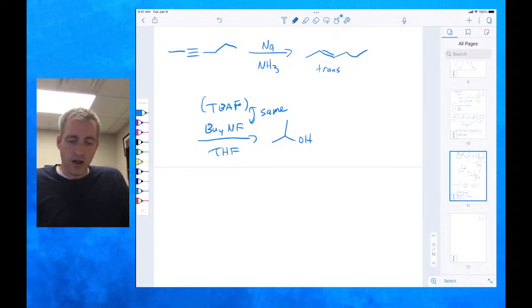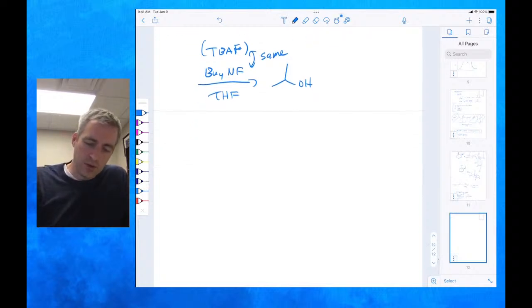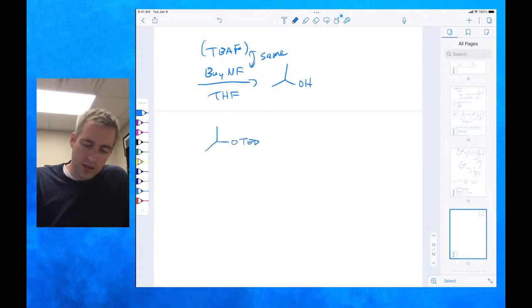So if you have an alcohol and you react it with TBDMS Cl, for example, and you made a silyl ether that protects the alcohol, it makes it sort of immune to reactions that alcohols would normally do. This deprotects it. So what I'd be looking for here would be a molecule like OTBDMS. And just looking at the options that are available, that looks like D in that particular question.